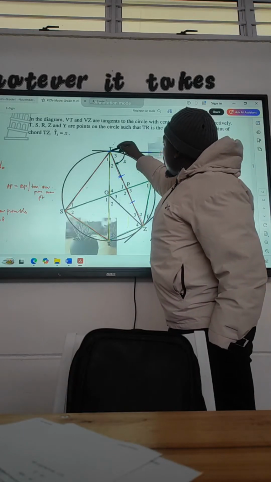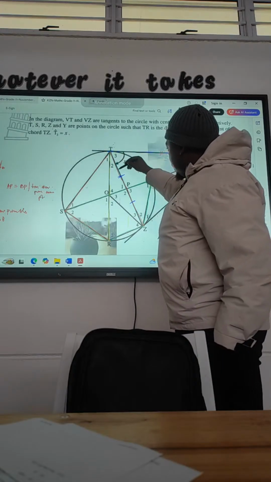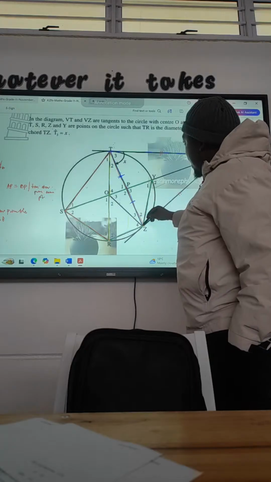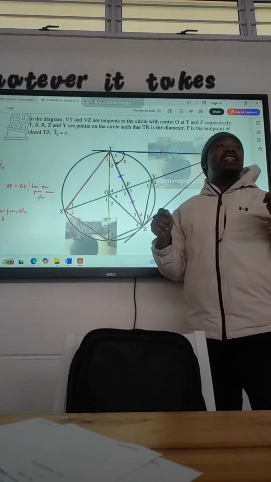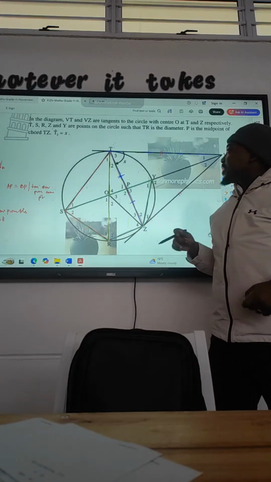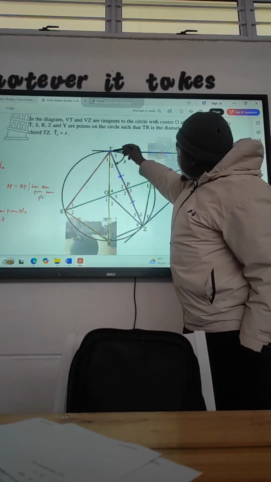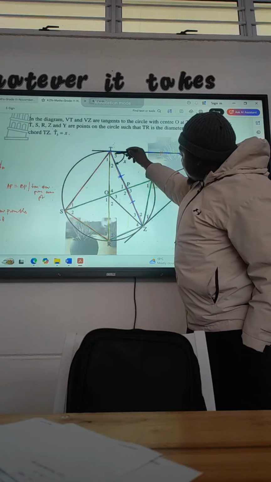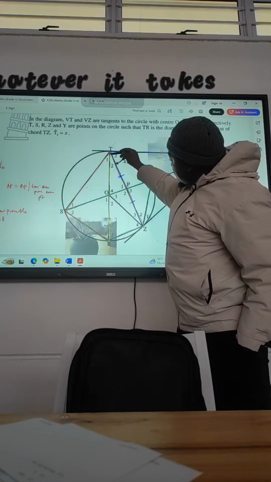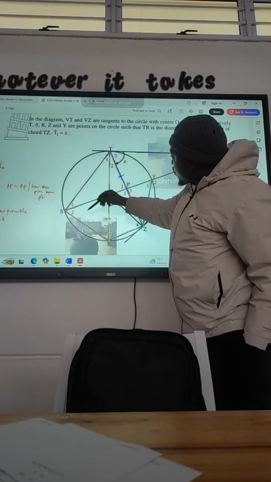And then a chord. And then we will look for the angle subtended by that chord in the alternate segment. So this chord is subtending. We have one angle this side, which is not it.